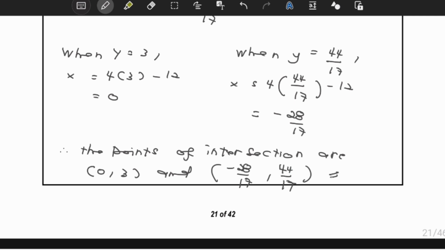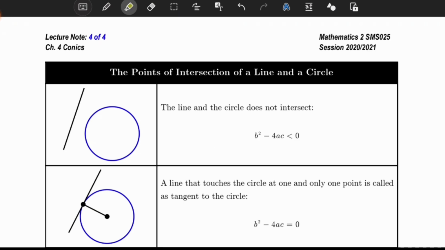Okay. We are already done with finding the point of intersection between two circles.